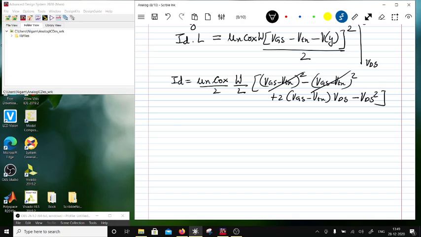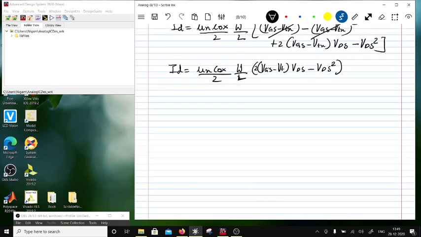So all I am left with is that the drain current would be equal to mu n Cox by 2 times W by L into twice (VGS minus VT) times VDS minus VDS squared. Now what is this equation? This equation is of a parabola, right?